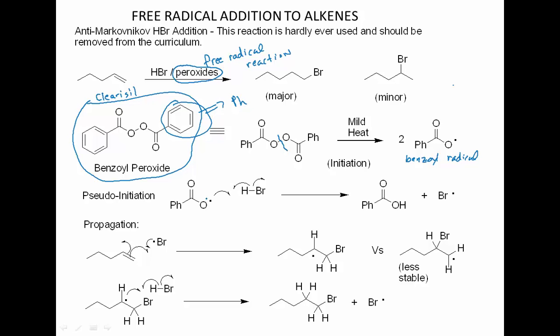What we're going to do is take the benzoyl radical and HBr. We're going to transfer a hydrogen atom off of HBr onto here to make benzoic acid and the bromine radical. And this is what's going to be involved in the actual propagation.